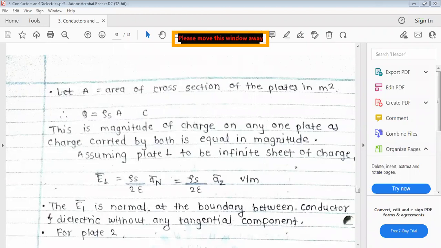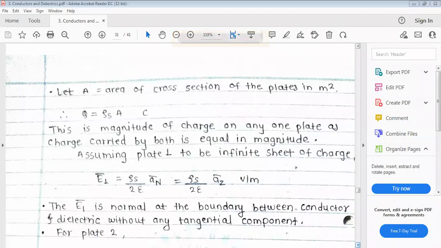the E1 bar is normal at the boundary between conductor and dielectric without any tangential component. So this E1 bar means the electric field intensity is perpendicular to the boundary between conductor and dielectric. So if you consider any plate and the dielectric, this E1 bar is perpendicular, without any tangential component, meaning only the normal component is present there.